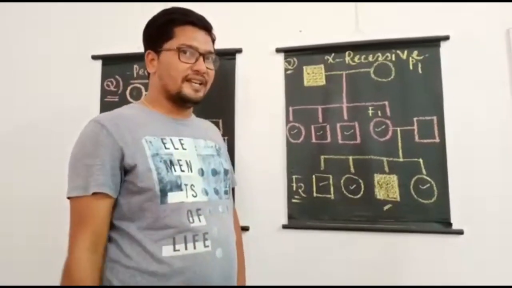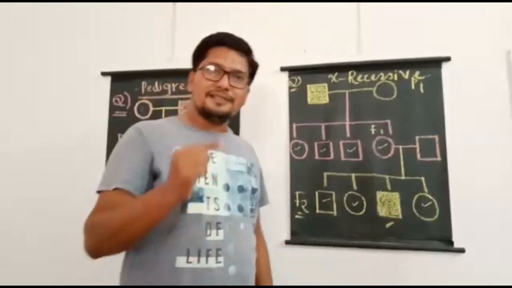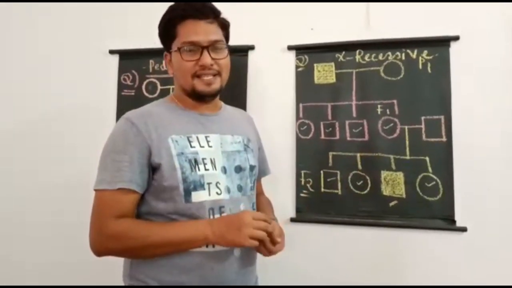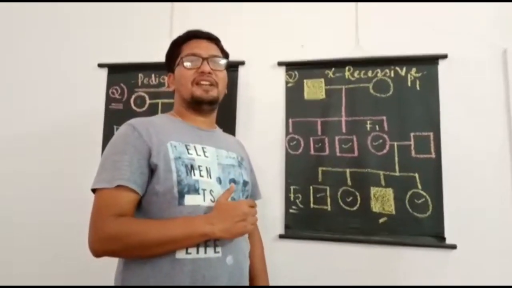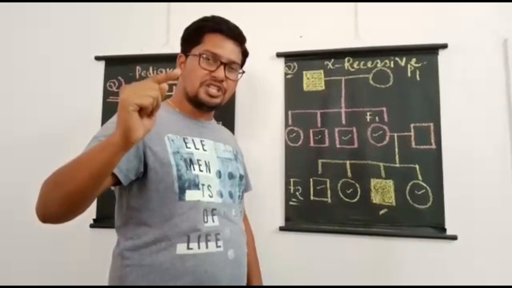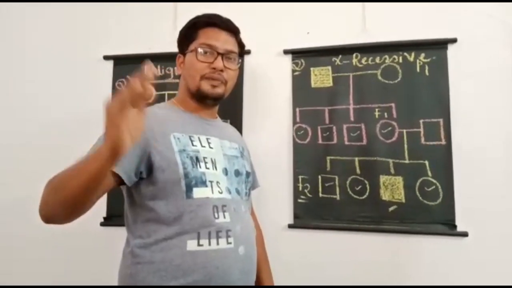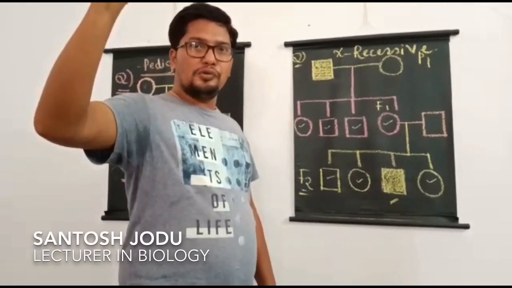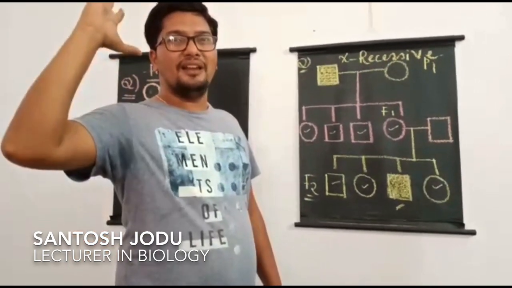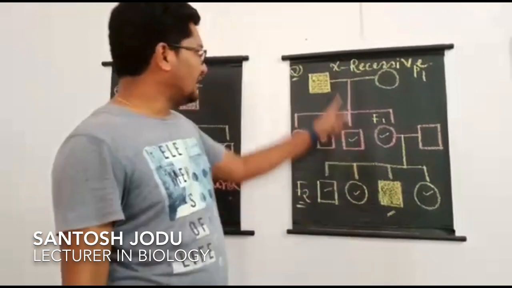My answer is very clear. X-linked recessive traits like hemophilia and color blindness follow a special pattern of inheritance. We call it crisscross inheritance, in which the trait passes from P1 male to F2 male through F1 female. If you remember this, it is very clear.